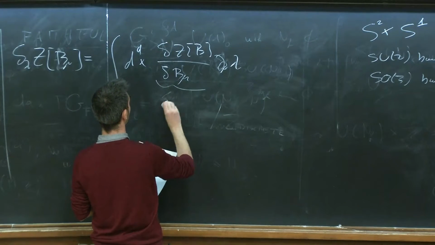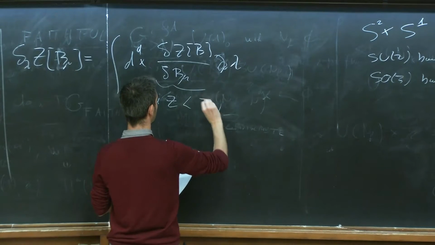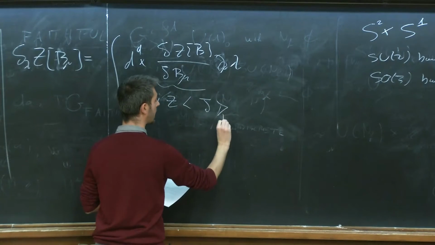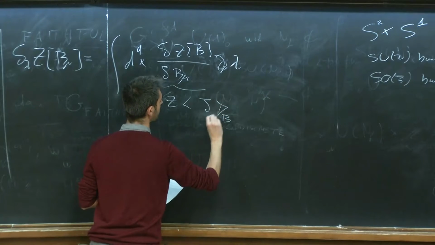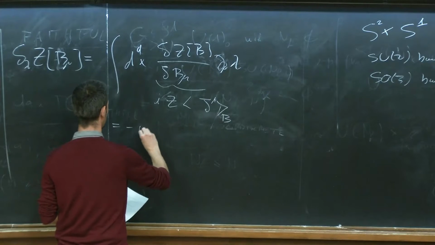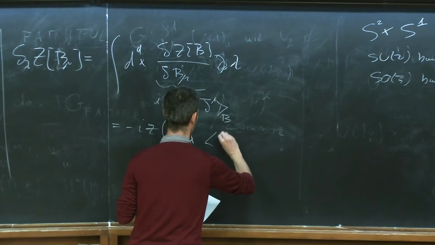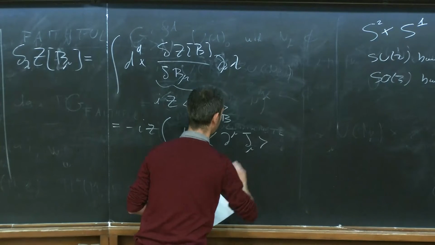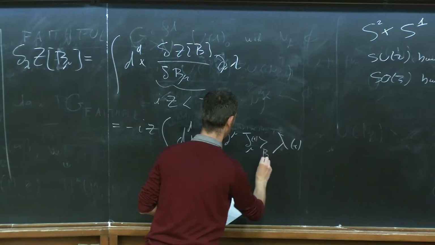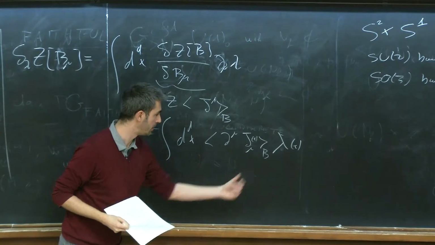So this is essentially iZ times the 1-point function of this current, but now it is the 1-point function in the presence of a background. And then we just integrate by parts. And we get the standard result, which is expressed in terms of this conservation of the current now in the background field.